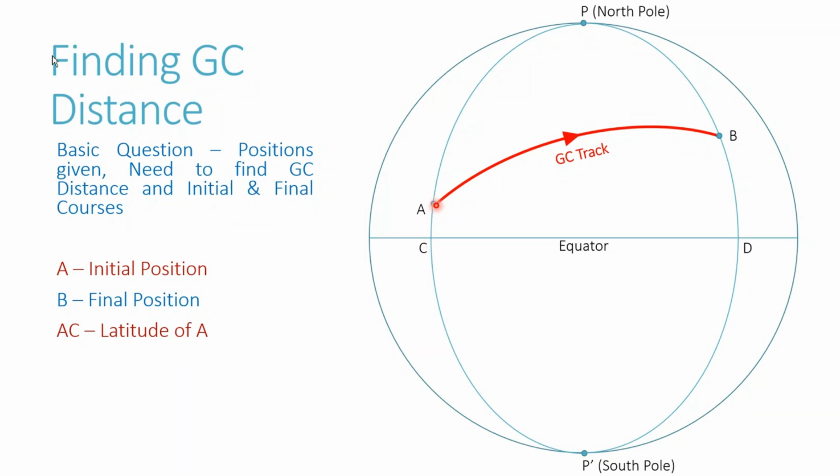So that is what AC represents. This tells us that AC is the latitude of our initial position A.